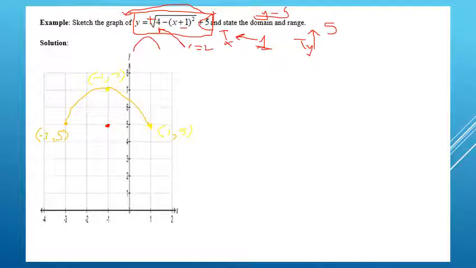At this point, we use our calculators to find the y-intercept, or we could find the y-intercept by putting x equal to 0 in the rule. So if you put 0 in the rule, you'd end up with the square root of 4 take away 0 plus 1 is just 1, squared plus 5. So y is going to be equal to the square root of 4 take 1, which is 3, plus 5.